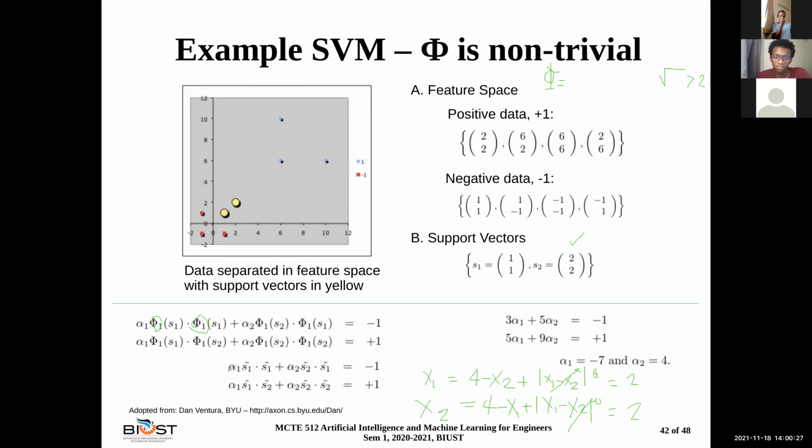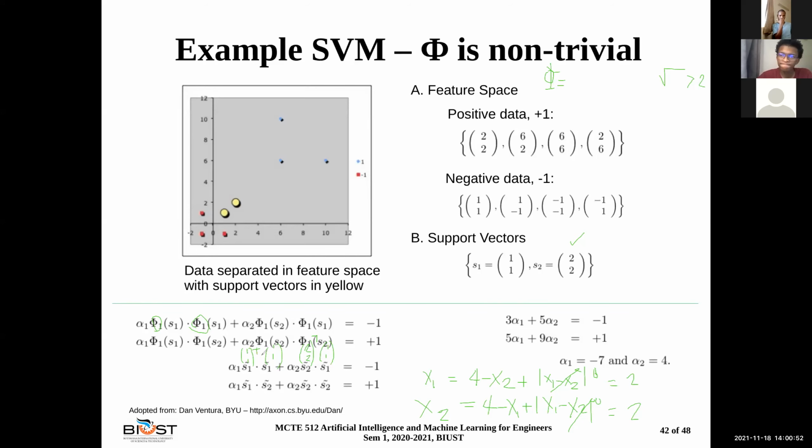So you have, where can I write here? So this is 1, 1 transpose multiplied by 1, 1. And this is 2, 2 transpose multiplied by 1, 1. What is that?